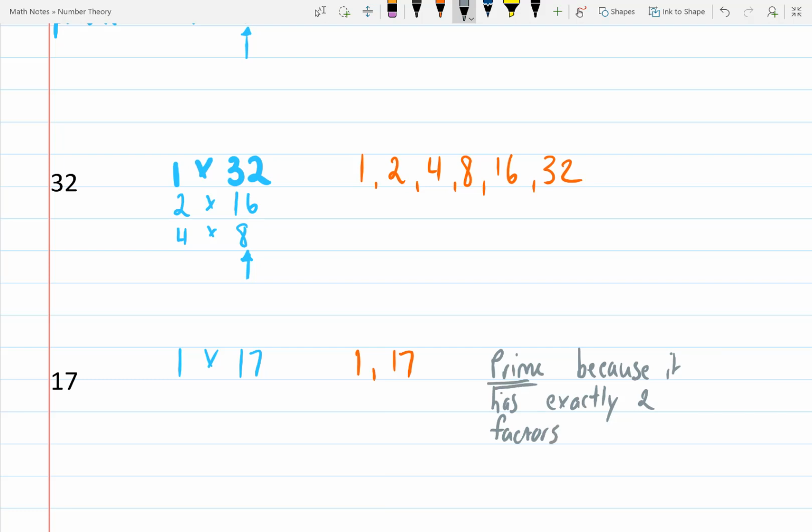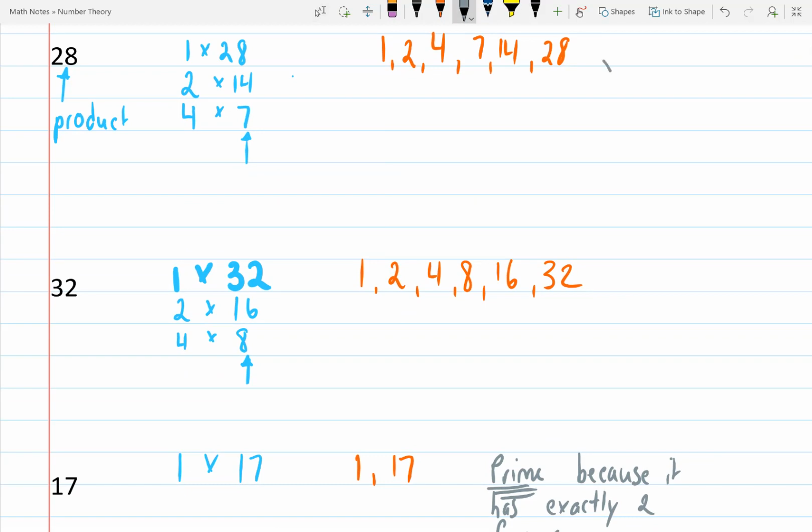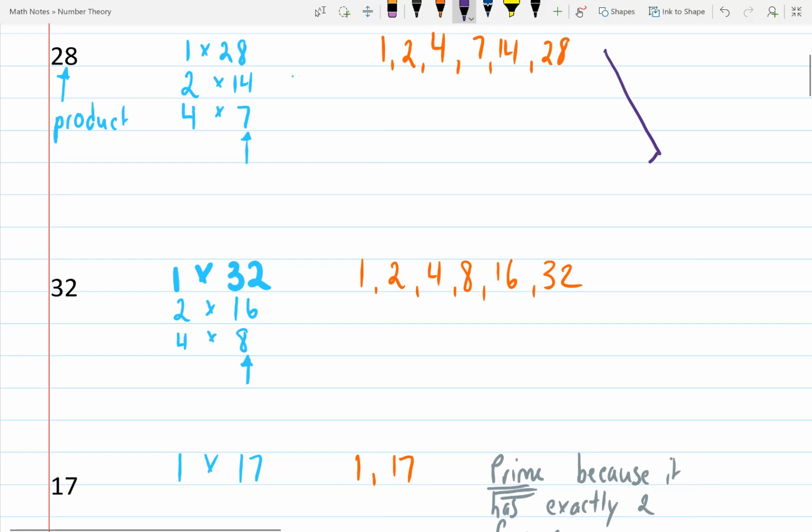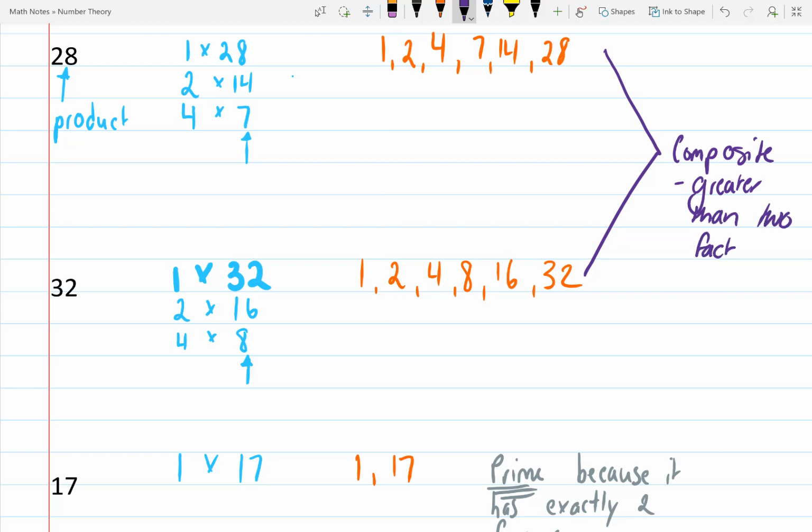This number's prime. 28 and 32 are both composite numbers because they have greater than 2 factors. So that's how you find the factors of a number.